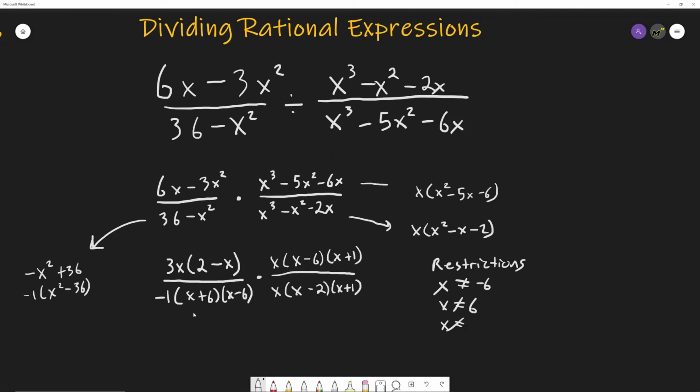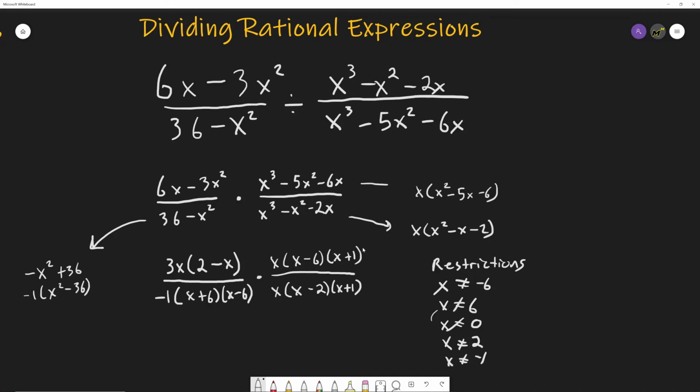Don't forget about this x right here, that means x can't equal 0. Then x cannot equal positive 2, and x cannot equal negative 1. So positive 2 for this one, negative 1 for that one. So x can be any number in the domain except for these numbers. Those are our restrictions.